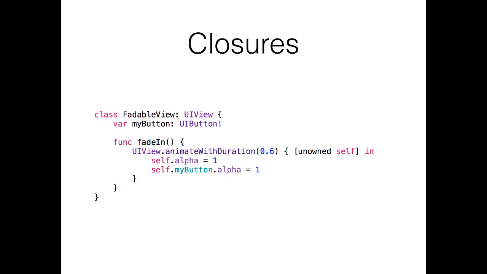This might be run on another thread, and you need to capture the value of the class itself so you can change its values. Because this is another scope, it won't run synchronously. So whenever you have a closure, you have to specify what you want to close over.